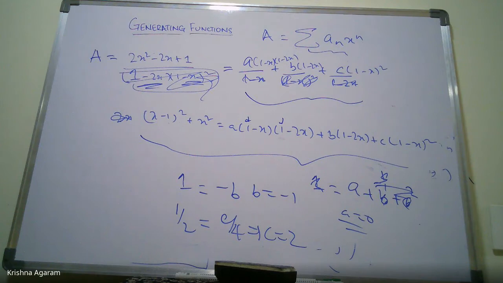Oh, after getting the partial fraction, you have to do that, no? What's your full approach? What are you doing from start to finish, given the recurrence relation?